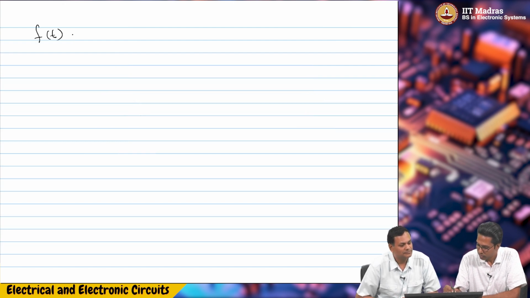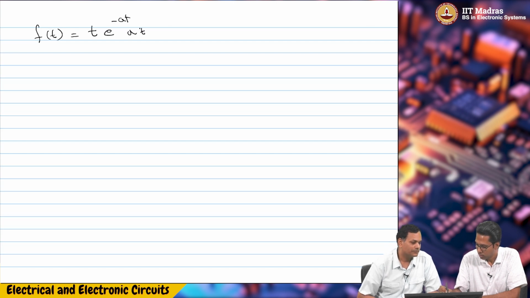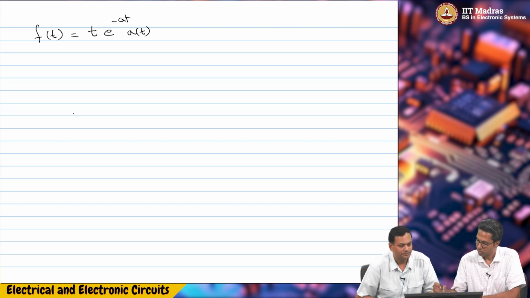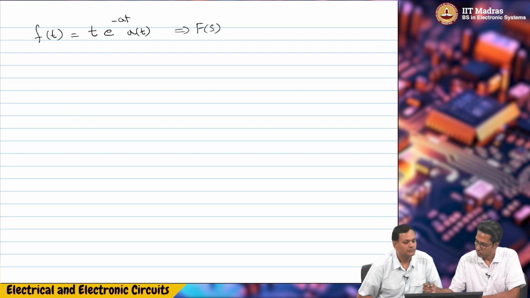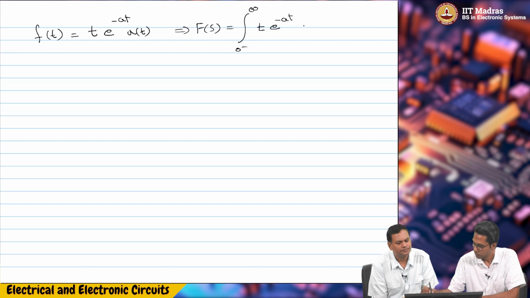So f of t is t e power minus at u of t. F of s is the integral from 0 minus to infinity of t e power minus at e power minus st dt.